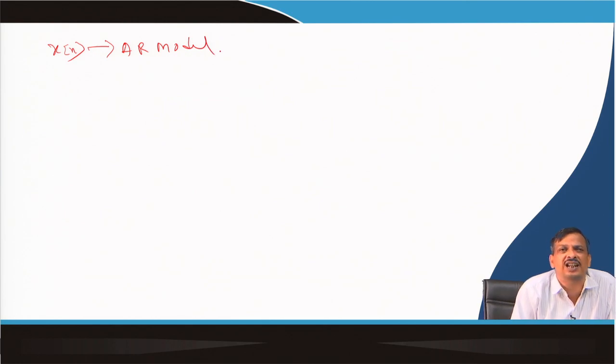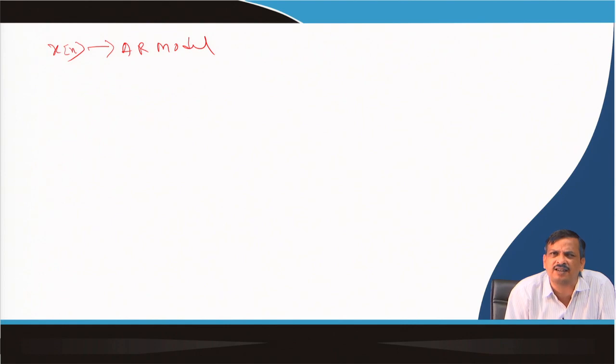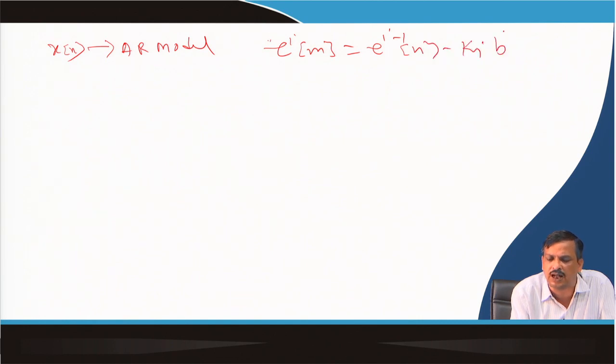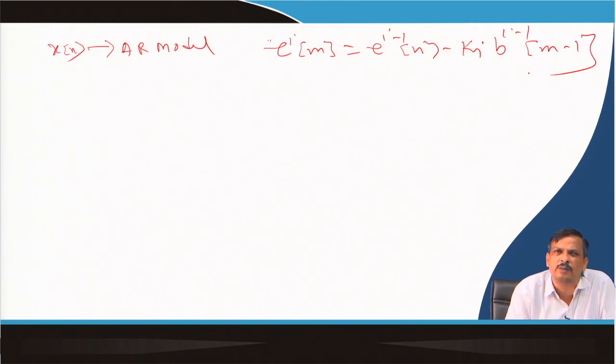All pole model using linear prediction, autoregressive analysis. So, I can calculate the forward prediction and backward prediction. You know that e_i(m) is equal to e_{i-1}(m) minus Ki into b_{i-1}(m-1), forward prediction error, backward prediction error. From there, I can calculate the Ki value.